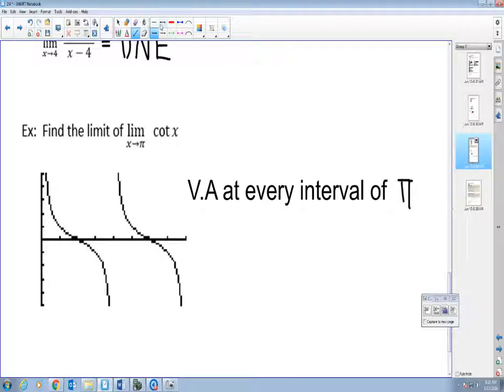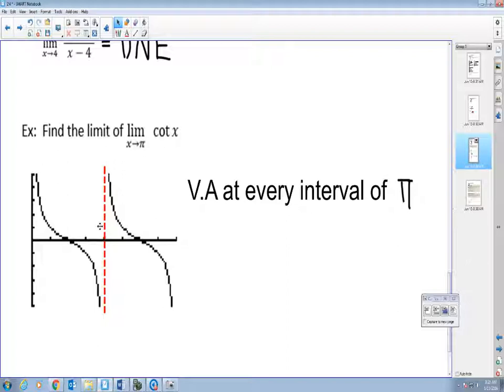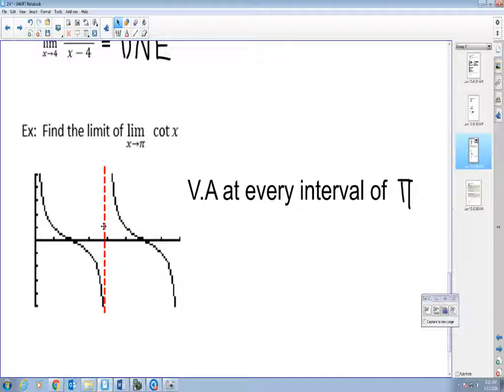Let me draw a line right here. 1, 2, 3, about 3.14. At 3.14, there's a vertical asymptote. At 2 pi, there's also another vertical asymptote. And of course, there's one at x equal to 0 as well.